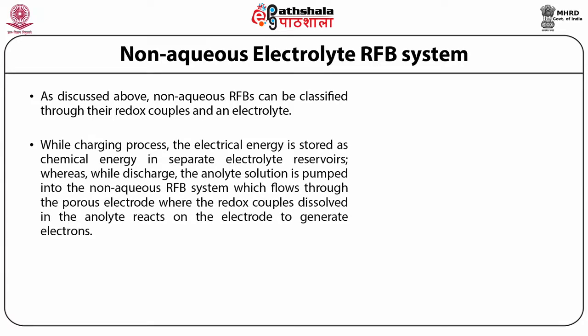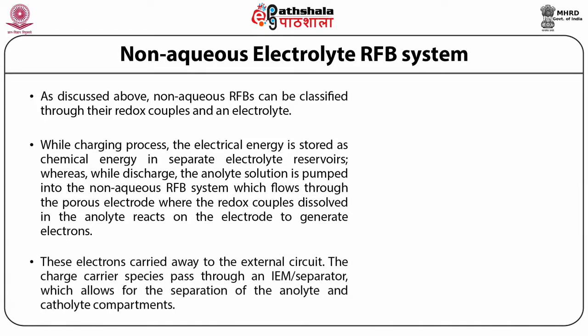During the charging process, the electrical energy is stored as chemical energy in separate electrolyte reservoirs, whereas during discharge, the anolyte solution is pumped into the non-aqueous RFB system, which flows through the porous electrode, where the redox couples dissolved in the anolyte react on the electrode to generate electrons. These electrons are carried away to the external circuit.